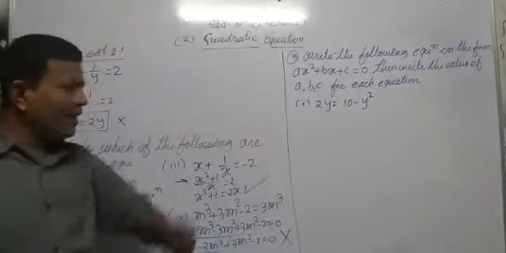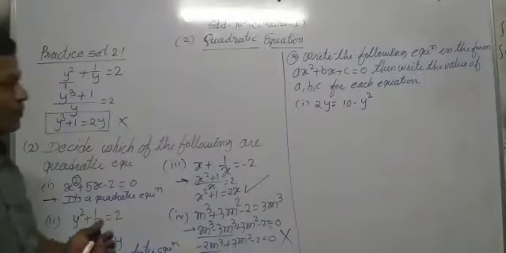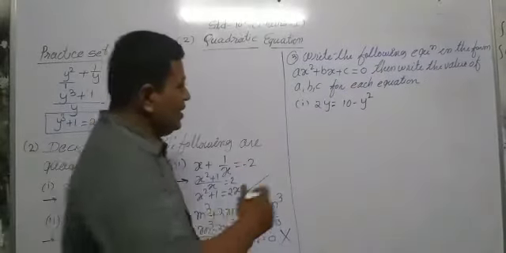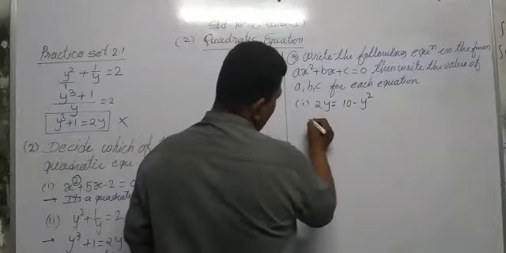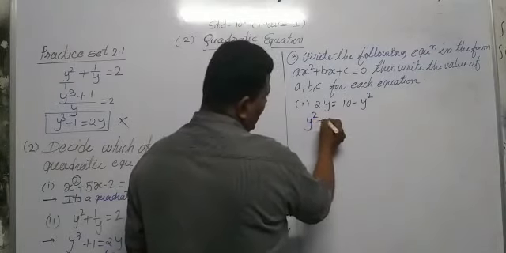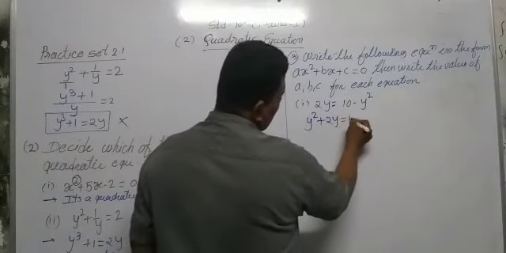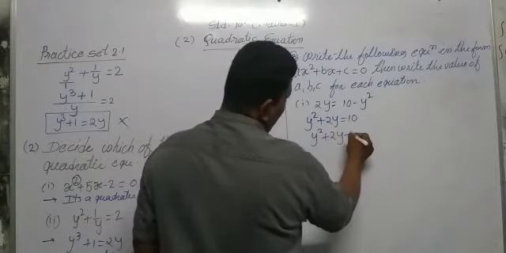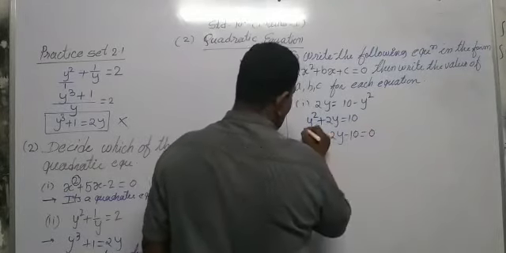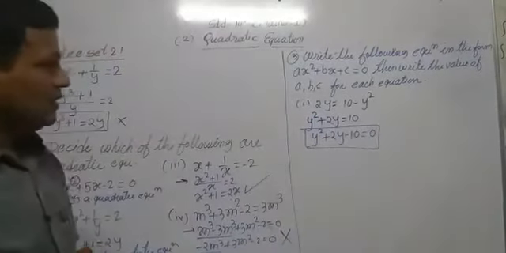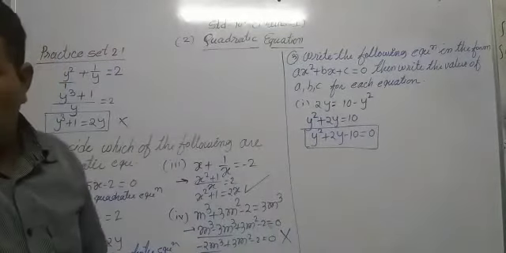Okay, first example, I write down that. What is the first example? 2y is equal to 10 minus y square. Now solve that directly. Now transfer that y square here: y square plus 2y is equal to 10. Y square plus 2y minus 10 is equal to 0. Now this comes in the form of ax square plus bx plus c is equal to 0.